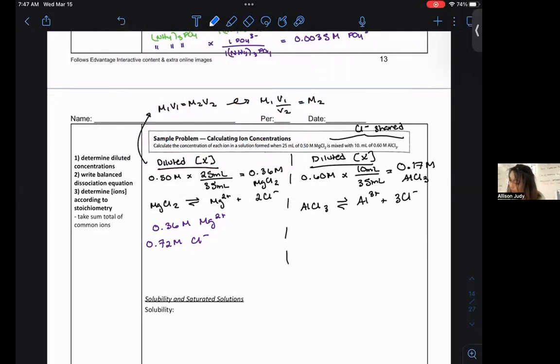For every 1 mole of aluminum chloride, I have 1 mole of aluminum ions, so I have 0.17 molar aluminum 3+ ions in solution. And I'm going to multiply my original concentration by 3 to represent triple the amount of chlorine ion molarity, so I get a value of 0.51 molarity of Cl-.